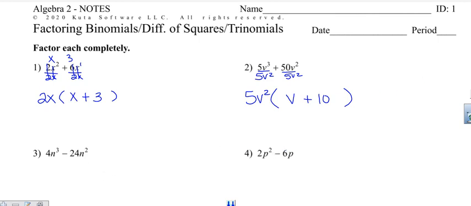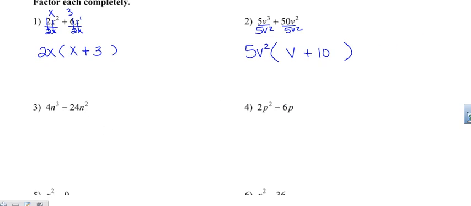On number 3, what do they have in common? The largest number that can divide into both of them is a 4. And the largest variable that shows up in both terms is an n squared. Once I divide 4n squared out of each of my terms, I am left with n minus 6.